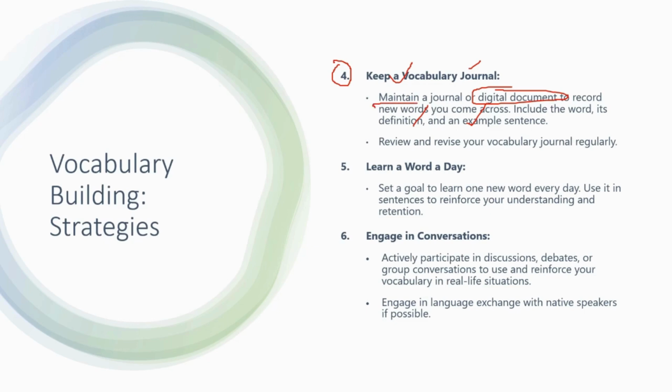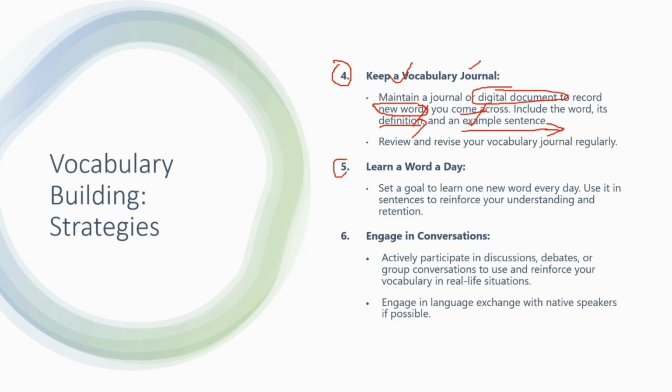Whenever you find new words, identify them, find the definition, and focus on examples or write the examples so that it may help you with the contextual use of the particular word.